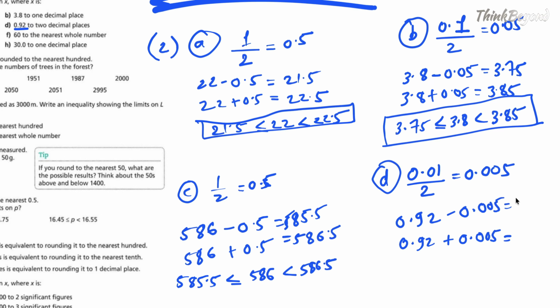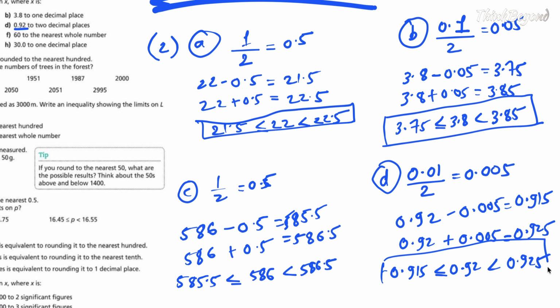When you subtract, you will get 0.915. When you add, you will get 0.925. So the inequality becomes 0.915 is less than or equal to 0.92, which is less than 0.925. This is the inequality for question D.